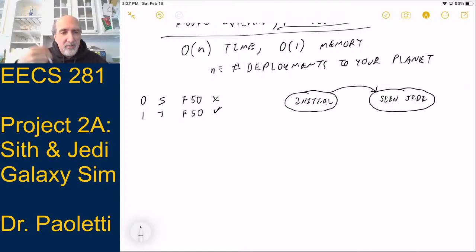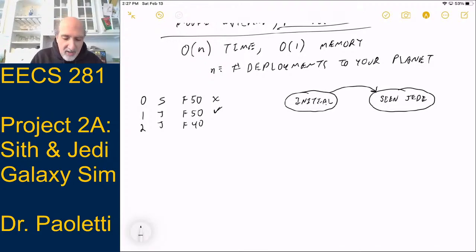All right, now, next deployment, time 2. I see another Jedi with Force 40. Question is, is this interesting? Yes, it is. It doesn't cause me to change state, but remember, I'm interested in the most exciting fight, right? The most exciting fight is going to be the lowest Jedi with the highest Sith arriving after that.